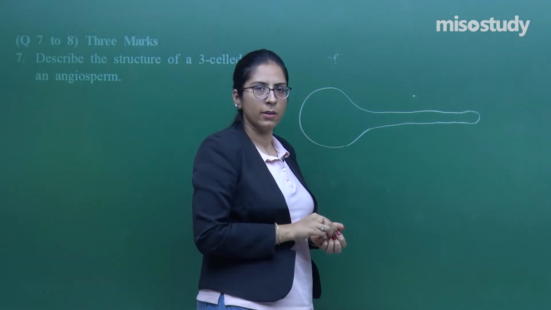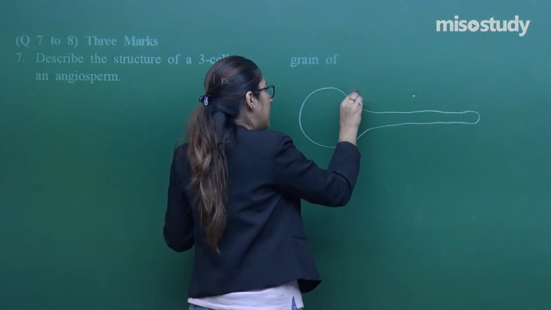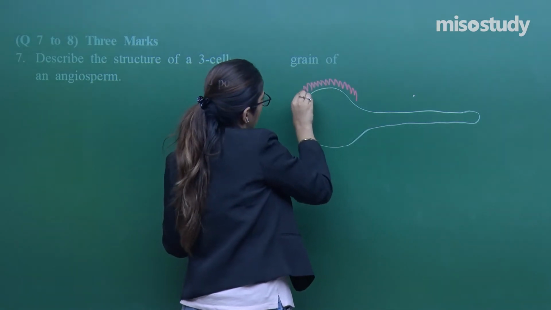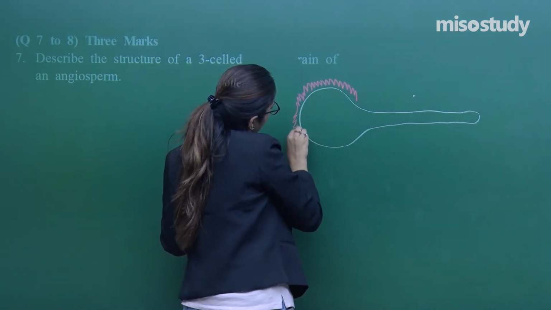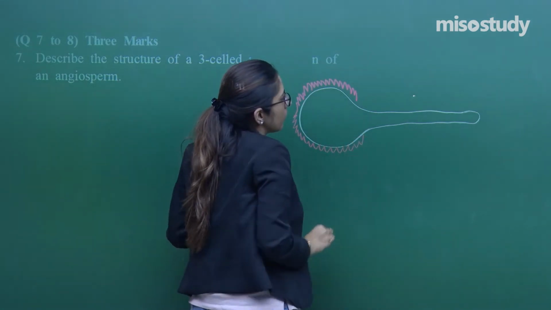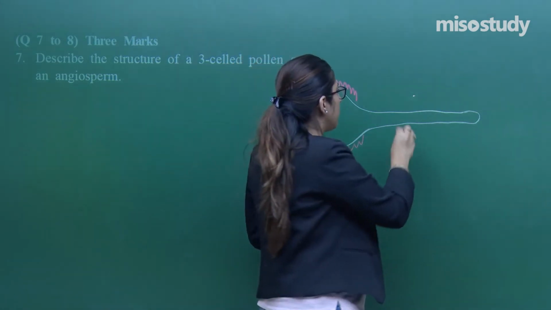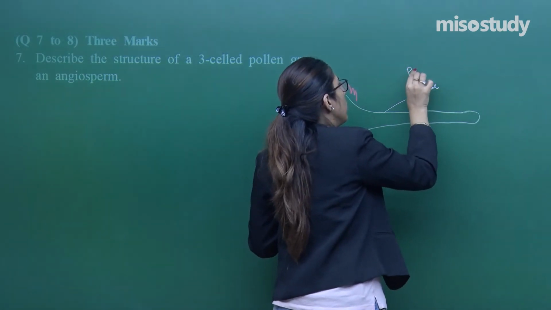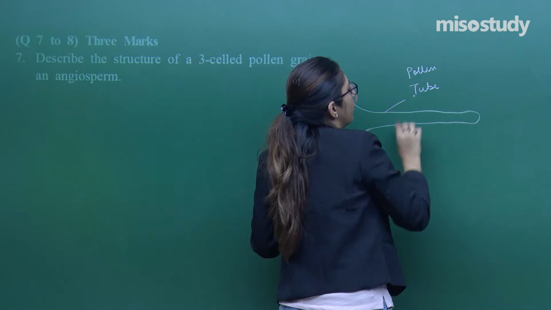Here the exine is present, and this is called the pollen tube.